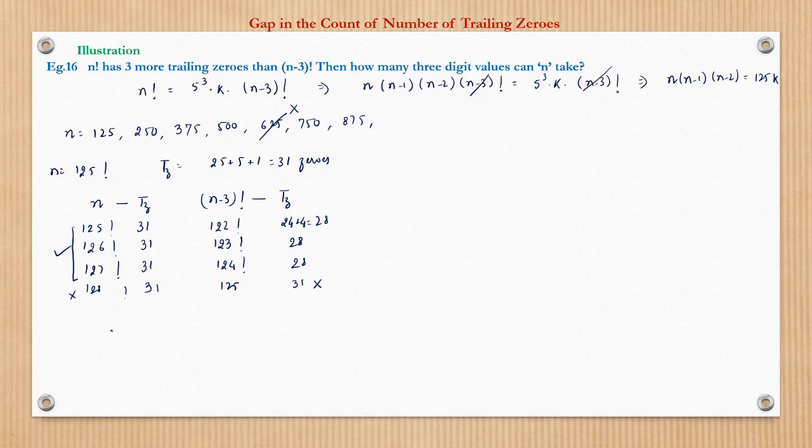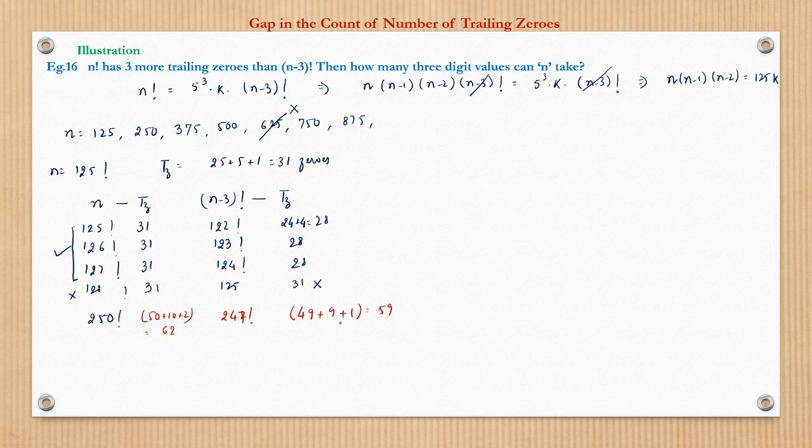So similarly, now let me check for n equal to 250. 250 factorial, so the number of zeros would be how many? 50 plus 10 plus 2, which is 62 zeros, and n minus 3 would be 247 factorial. So here the number of zeros will be 49 plus 9 plus 1, which is 59.